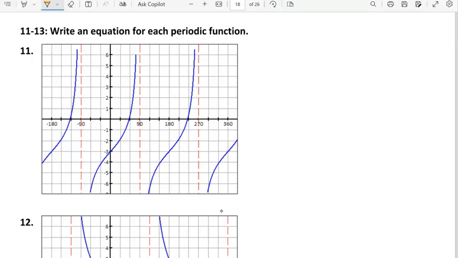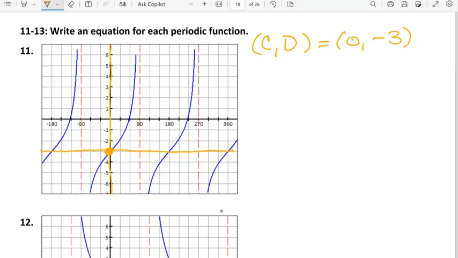I'm going to want to identify that new origin. Good news, the tangent function goes through the origin, so our new origin can be right here at the point 0, -3. So our C, D is equal to 0, -3.